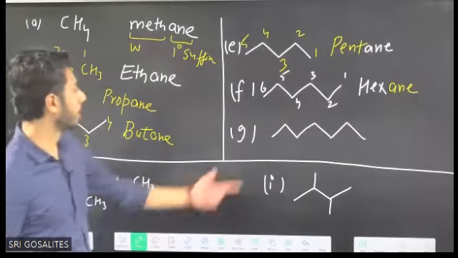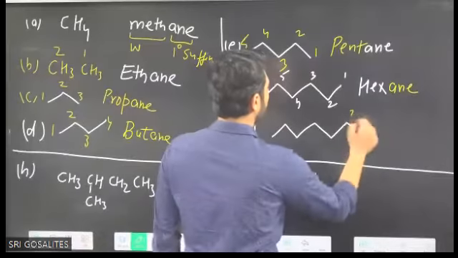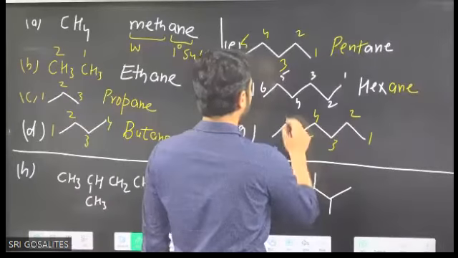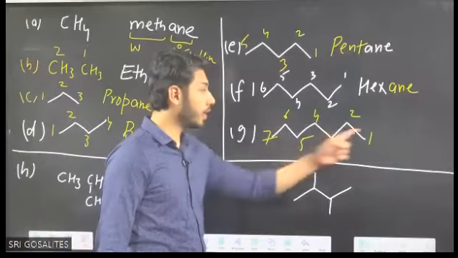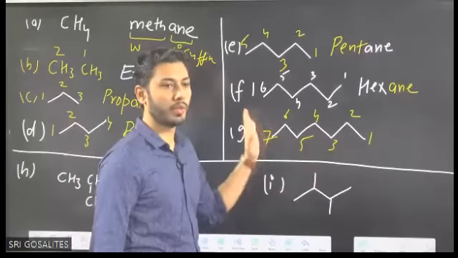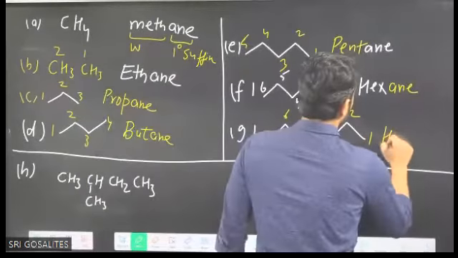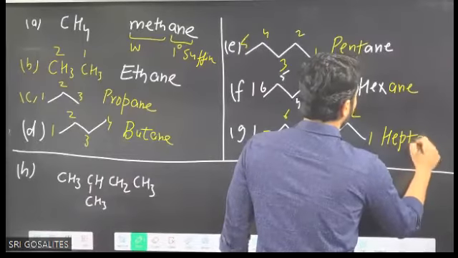Okay. Next is 1, 2, 3, 4, 5, 6, 7. Any side numbering same. How many parent? Parent chain contains how many carbons? 7. Root word hept. Hept and ane.